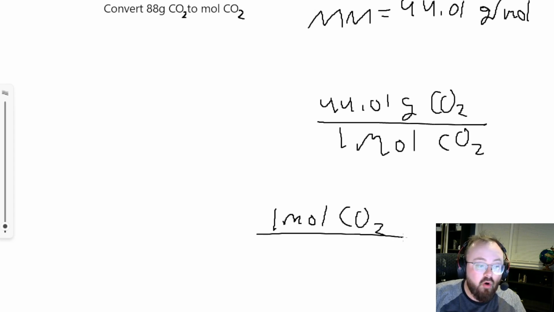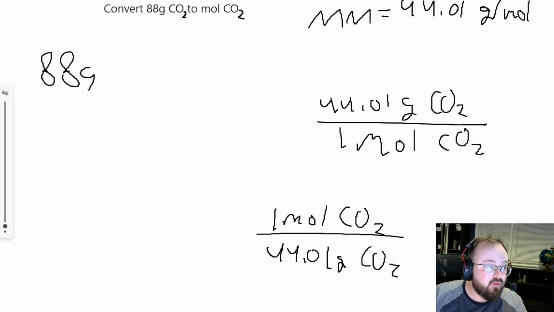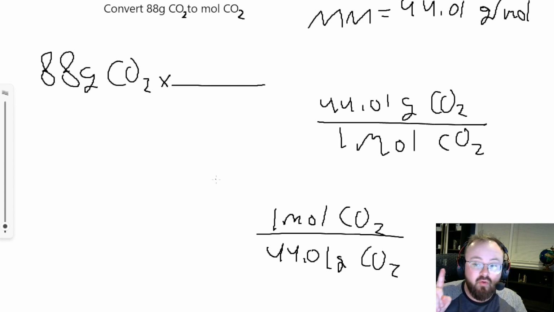I have 1 mole of carbon dioxide for every 44.01 grams of carbon dioxide. I've just flipped it, just like you flipped your tiles. It's the same exact thing. So if I'm starting out here with 88 grams of CO2, and I want to convert this into moles of CO2, this is just a simple one-step conversion to do here, right?